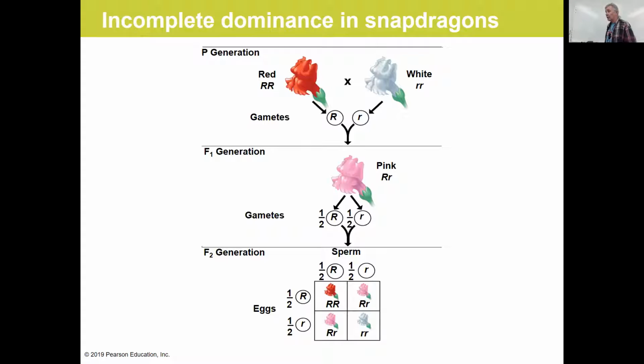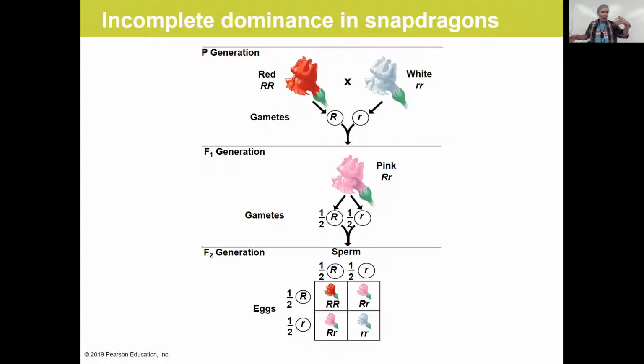And here is incomplete dominance in snapdragons. It's even easier to see in snapdragons. Unfortunately, they give you big R and small r to talk about two alleles, and in this case, big R and small r doesn't mean big R is completely dominant and small r is completely recessive. So you have the parental generation, red, big R, big R. The white is small r, small r. They make the heterozygote pink, exactly halfway between the two parents.